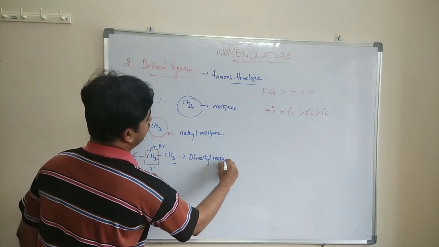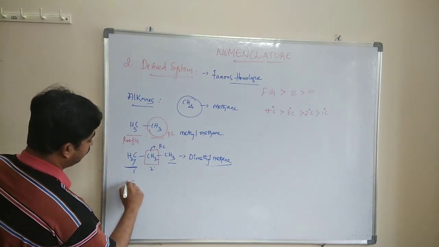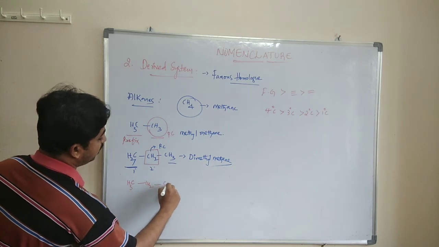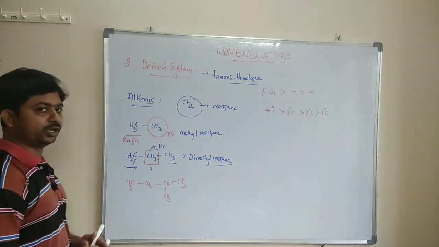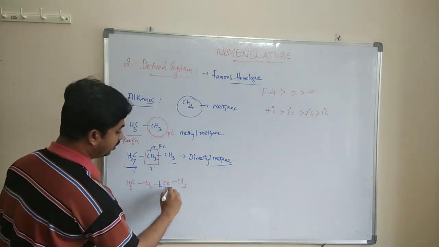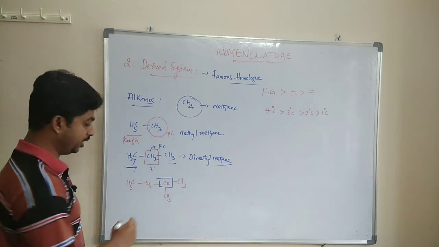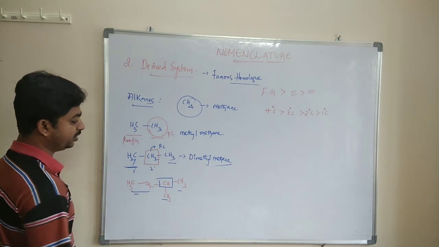Methane is the name of this compound. If CH3 CH2 CH3 is the structure, what is the name of this one? Here it has a tertiary carbon, it gets the priority. Then these become the prefixes, 2 methyl groups and 1 ethyl group.